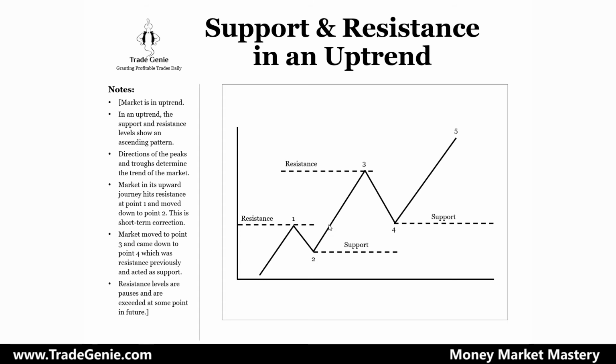Or maybe there is another buyer who says, no, I don't believe in this pullback. My buy order will trigger when this price point one is conquered. So he sets his buy order right above the price point one. So there are different traders creating their buy orders.